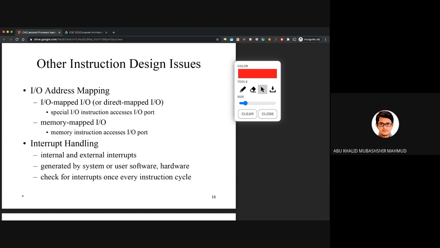And the interrupt handling that we had to keep in mind to design a good processor, that is internal and external interrupts we need to take care of, and then the interrupts generated by the system or user software or hardware. And then again we need to check for these interrupts every instruction cycle.